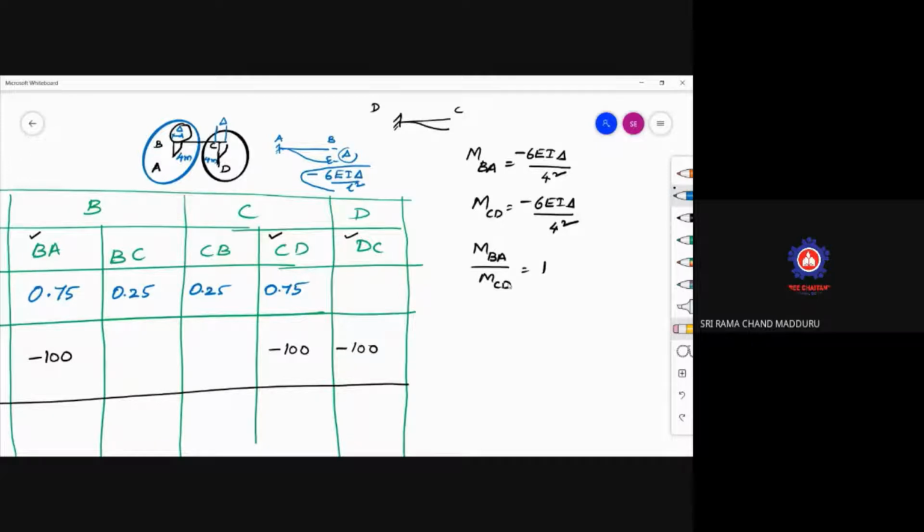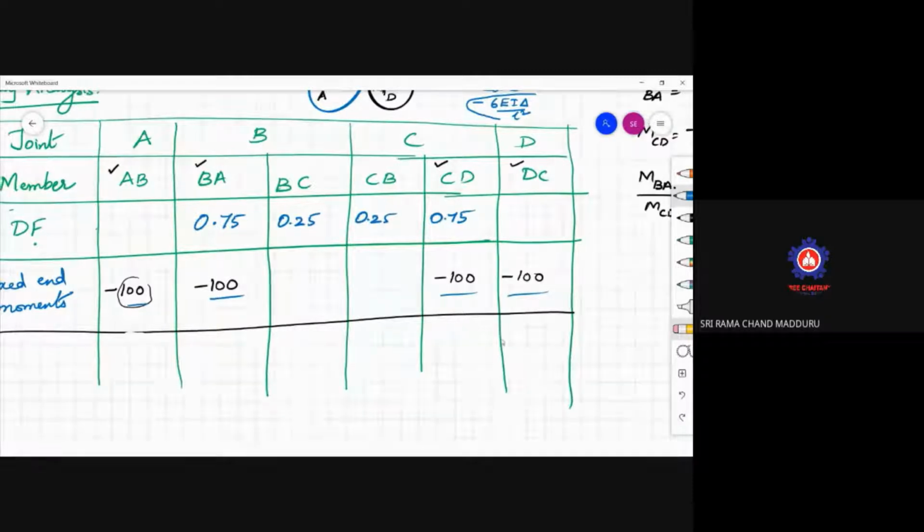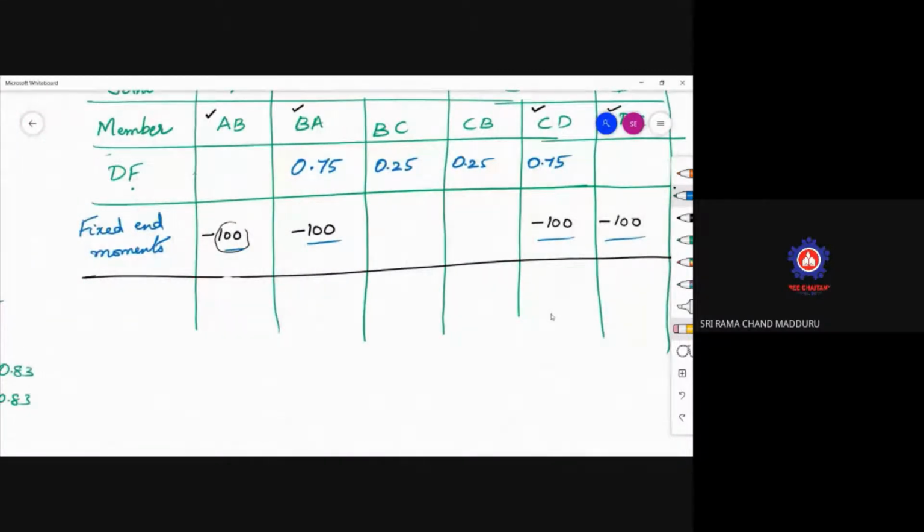That's why the ratio of the moments is 1. If the ratio of the moments is 1, then assume it as equal. So that's why we are assuming both as same, minus 100, minus 100, and CD also minus 100, DC also minus 100. But here, after writing the fixed moments, you have to balance it.